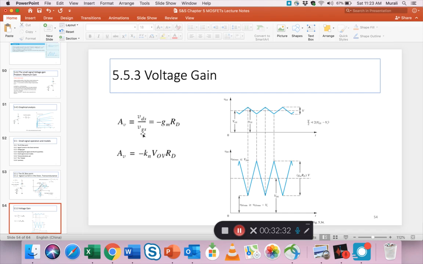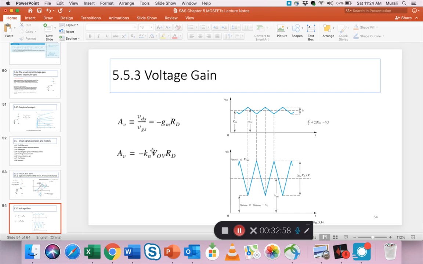Now that's a nice little ratio that we find comfortable and useful, but to get there we have to multiply the transconductance by the resistance in the drain circuit. This we have seen before, the lower one, but I just brought it here so that you can see both of them in relation to each other.